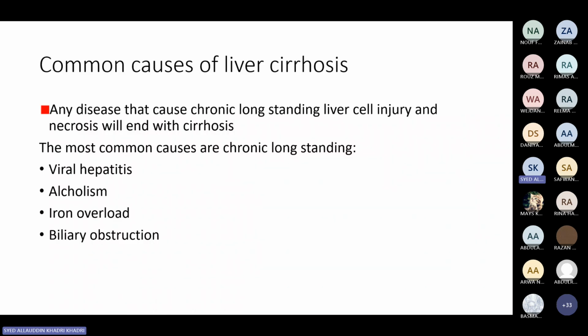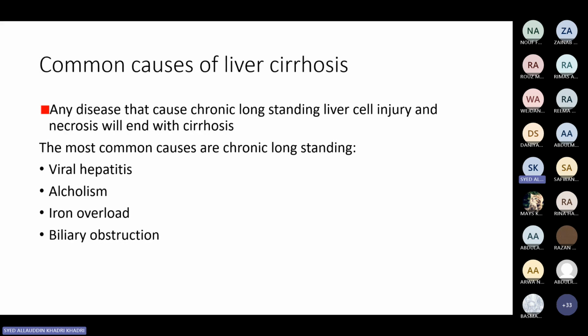Any disease that causes chronic long-standing liver cell injury and necrosis will end up in an end-stage disease, cirrhosis. It's a chronic process. For example, if you don't treat the case of Ibrahim, slowly he'll develop end-stage liver disease, cirrhosis. You have seen this in the personal history or the family history of Ibrahim.